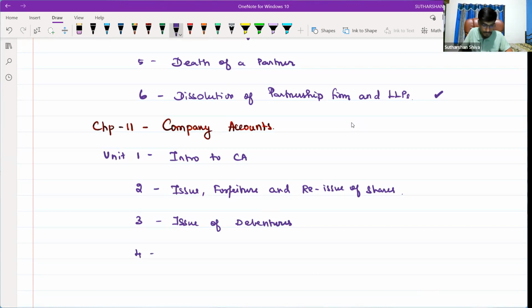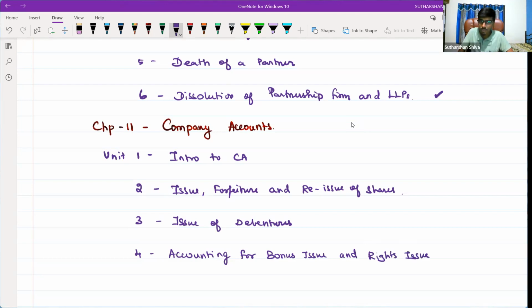The fourth one is a new concept. You have studied what a bonus issue and a rights issue are in the commerce chapter. From here, we are going to do the accounting for bonus issue and rights issue.